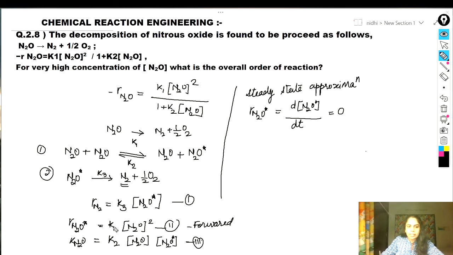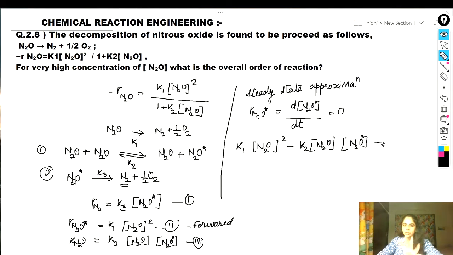This will be, first is the formation of this, K1 N2O square, minus, second one is K2 N2O N2O star. Wherever N2O star intermediates are forming, we just substitute into this, right?